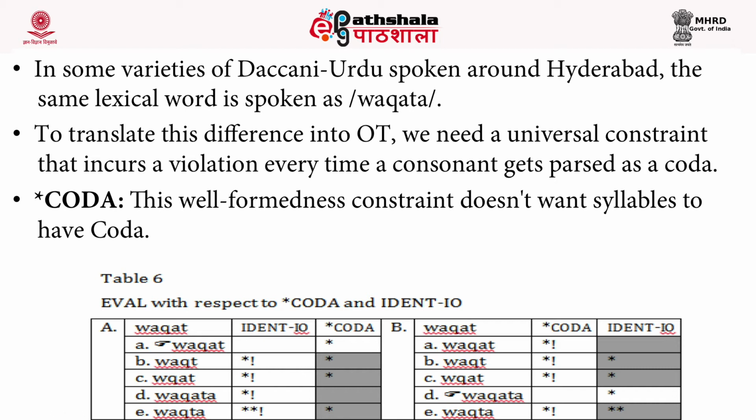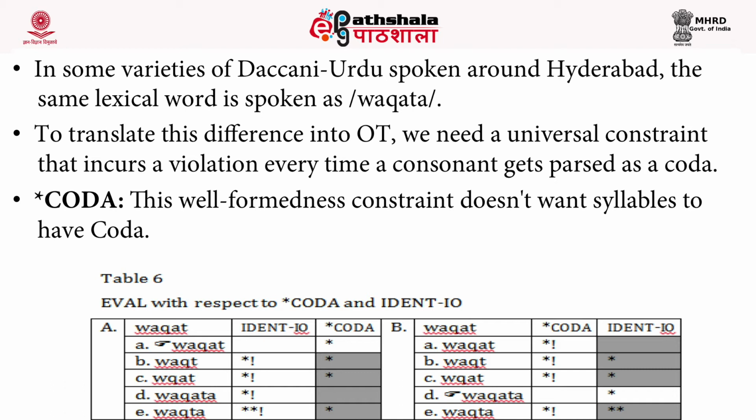Now, in both the examples, when we take the input as Waqt, and we have potential candidates as Waqt, we have Waqt, we have some kind of thing that I cannot pronounce, then we have Waqta, and then we have Waqta.